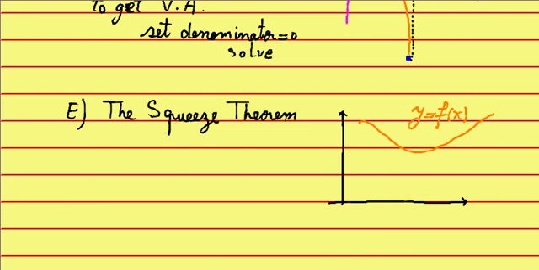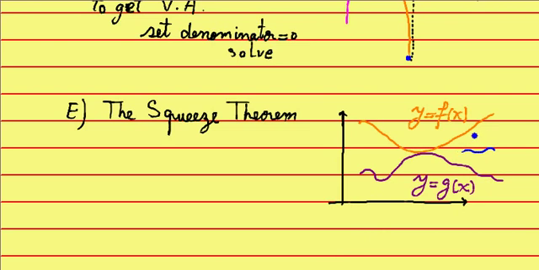Let's say here is my other function. Let's say y is equal to g of x. And for good measure, suppose I also have a third function. For the third function, I know that this is trapped between the other two.